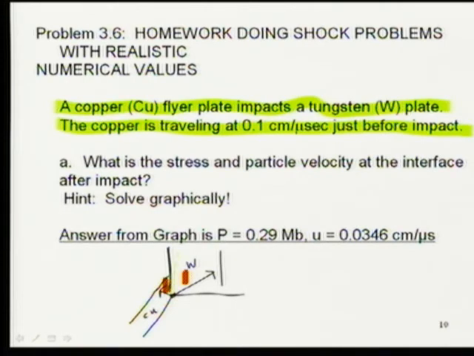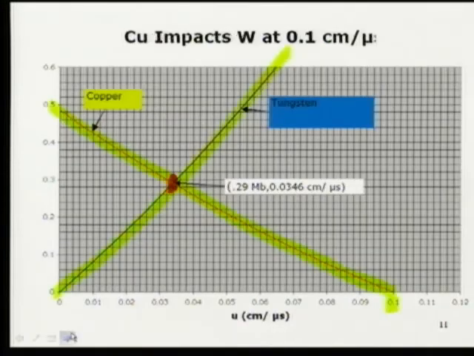But the plates' pressure when they're in contact like this after impact has to be equal. That's a boundary condition. And so if they're equal, the only place is where they cross. And therefore that's the answer of the pressure and the particle velocity in both the copper and the tungsten.